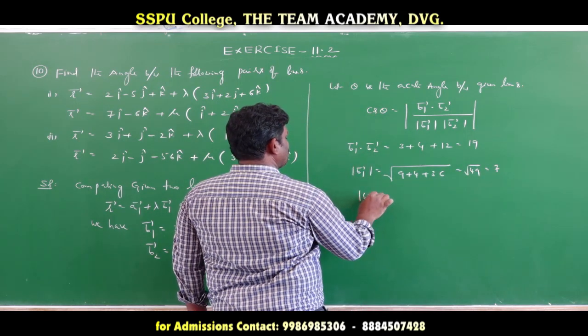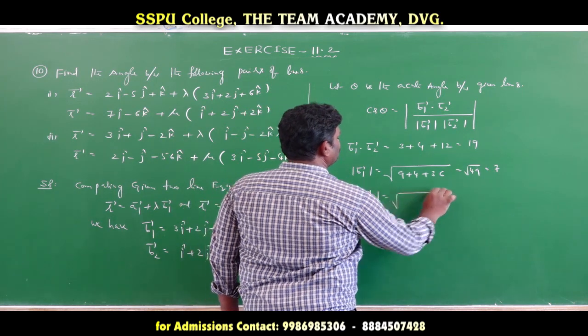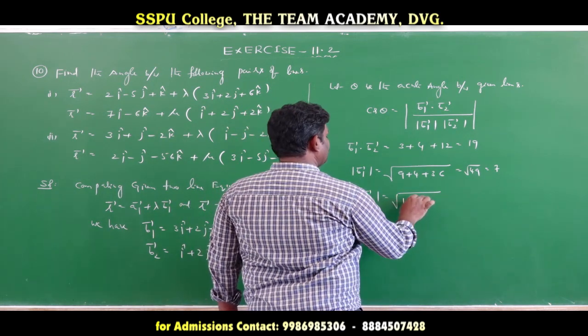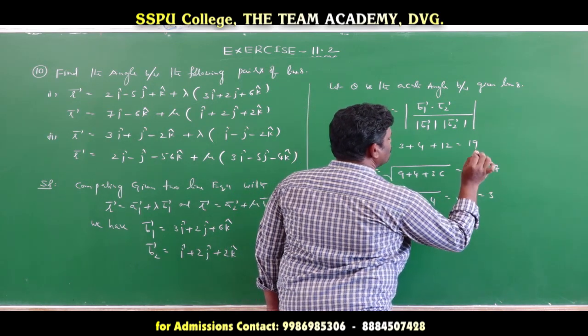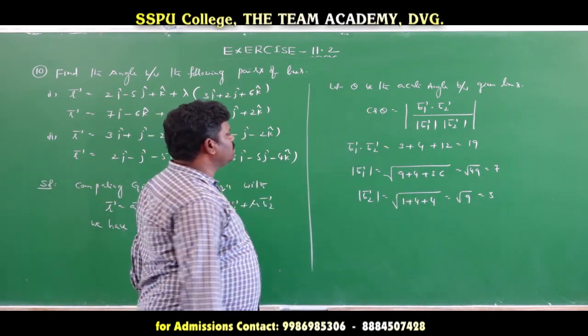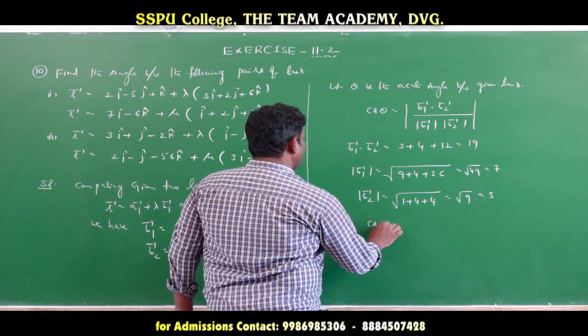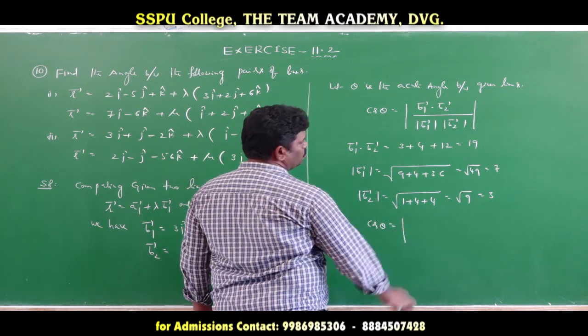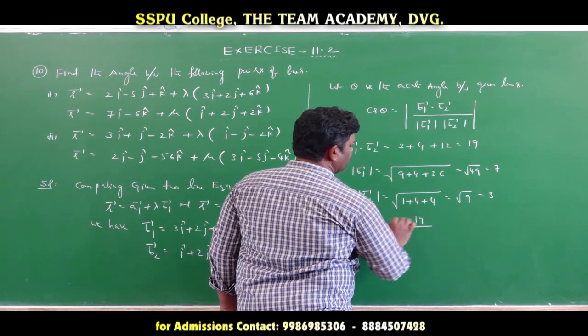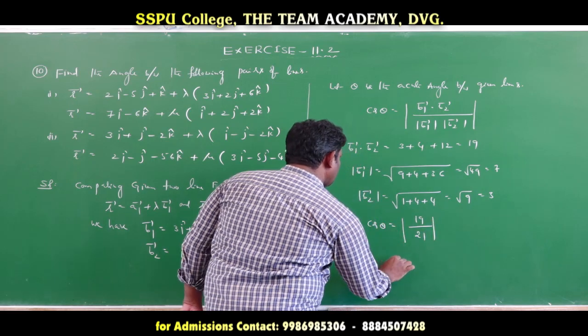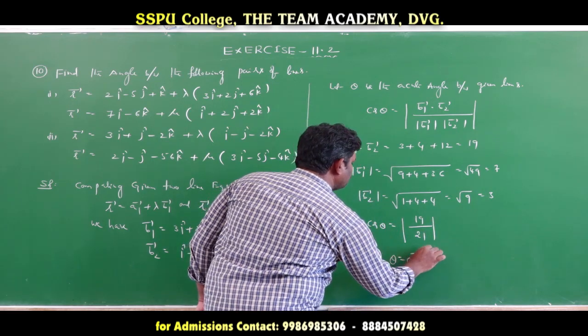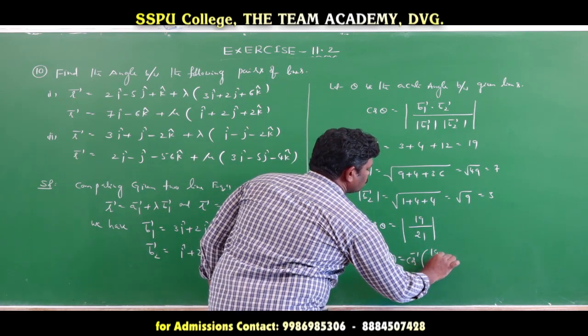Magnitude of B2 is equal to square root of 1 plus 4 plus 4, that is equal to root 9, so 3. Now we substitute these values above. Cos theta is equal to dot product 19 by 7 threes are 21. Now theta is equal to cos inverse of 19 by 21.